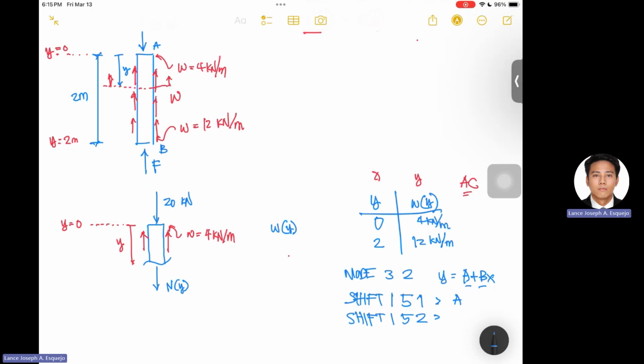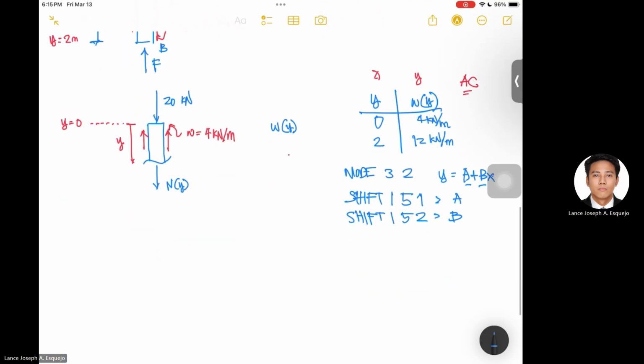Then we can get the value of B. So using the calculator, we'll arrive with Y equals 4 plus 4x. And this equation we can now use to determine the value of the normal force.